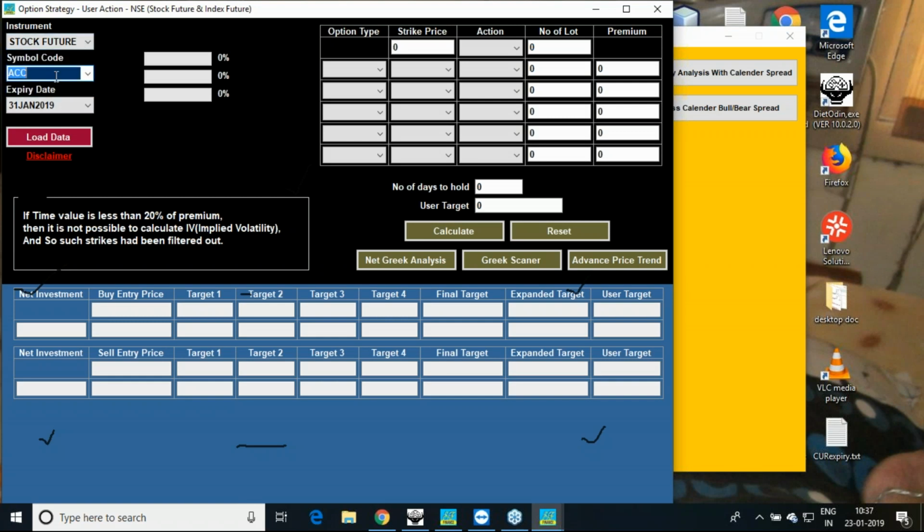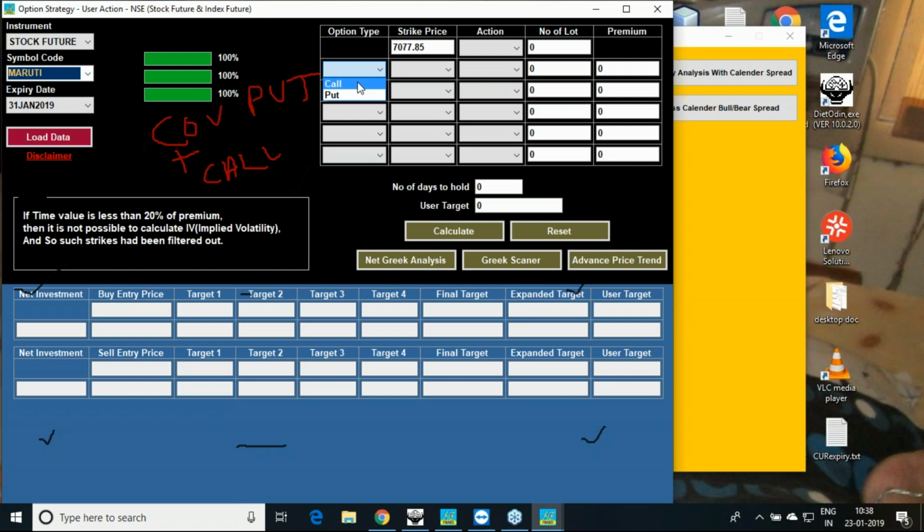I have taken Maruti and loaded the data, and I will be adopting a covered put along with a call load, in a delta neutral approach. I will take the covered put, and along with that add a call load. Multiple call options I can add, so I can make it delta neutral.